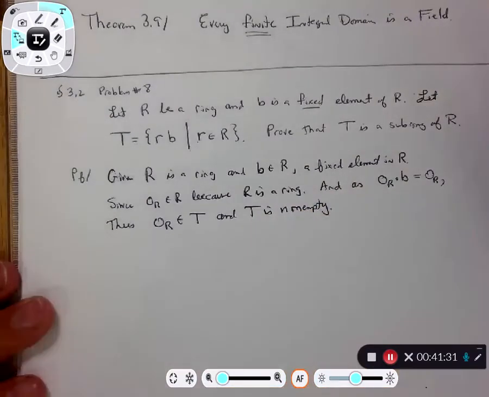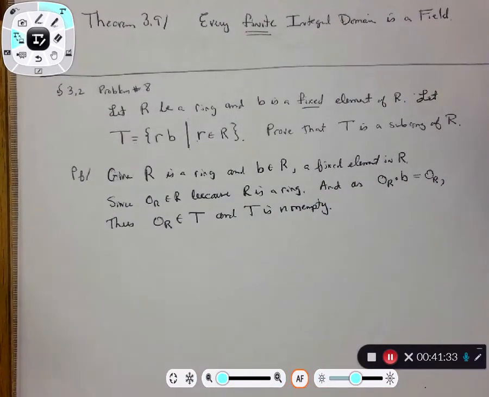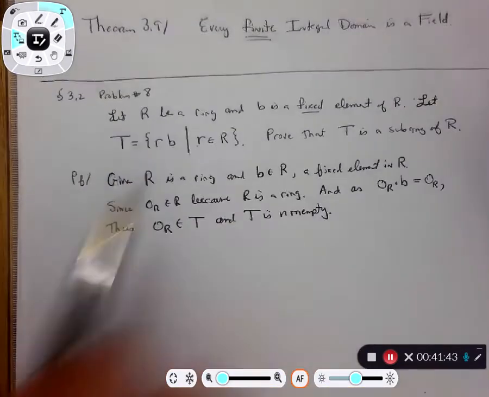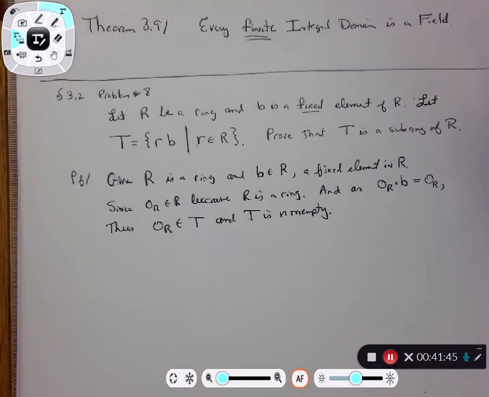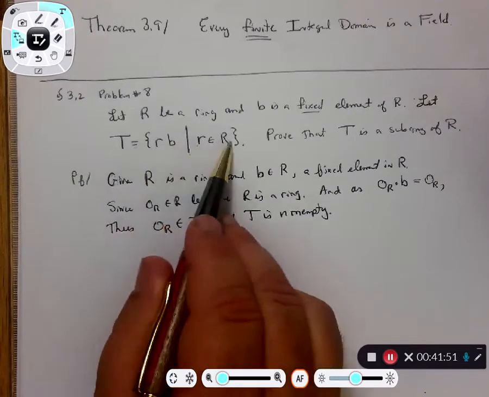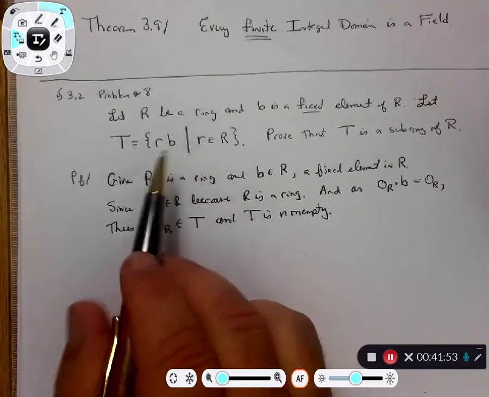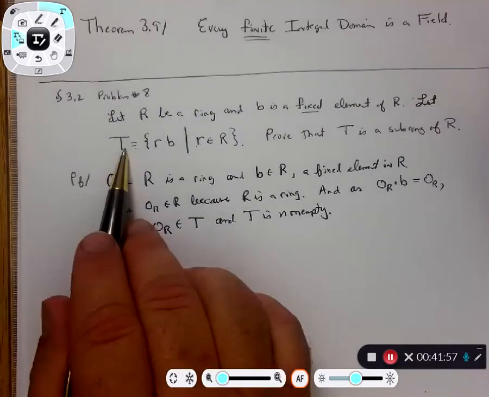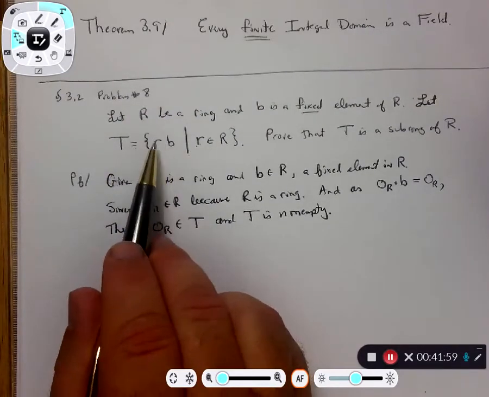Now, right here is where people that take modern algebra before you start freaking out. There's structure to this thing. First off, you've got to read this structure here, and I'm going to do my little checklist. So I'm going to underline some stuff just to emphasize things for you guys. So T equals {R times B such that R is an element of R}. That's my ring structure. I want to show 0 is inside of T. To show 0 is inside of T, 0's got to look like this, RB.